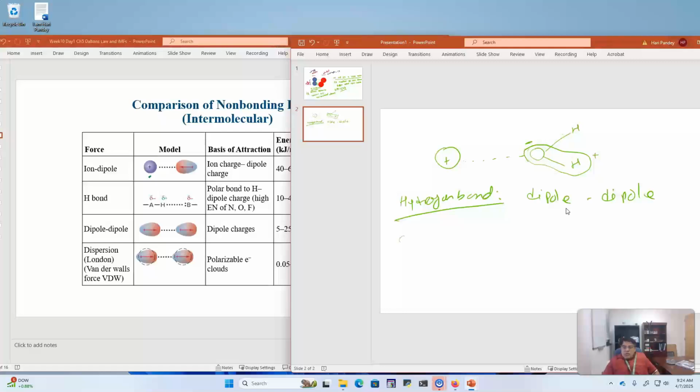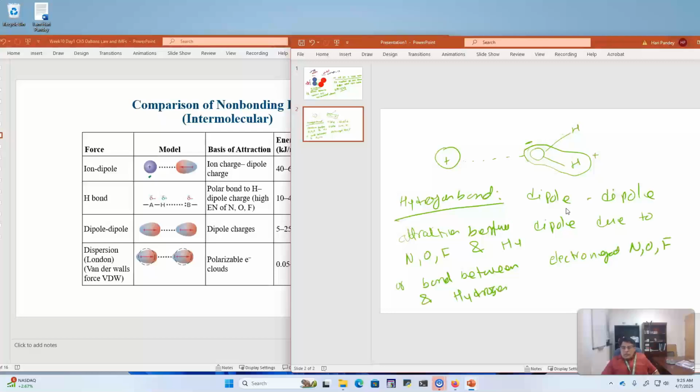So the attraction between dipoles due to nitrogen, oxygen, fluorine and the hydrogen attached with these is said to be the hydrogen bond.